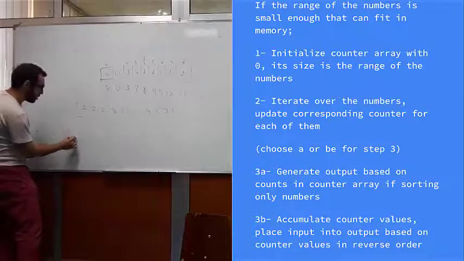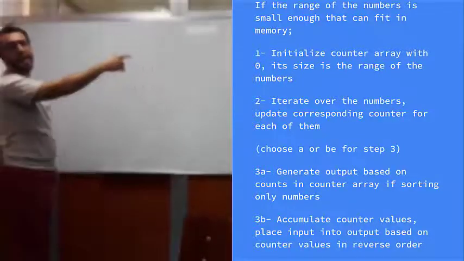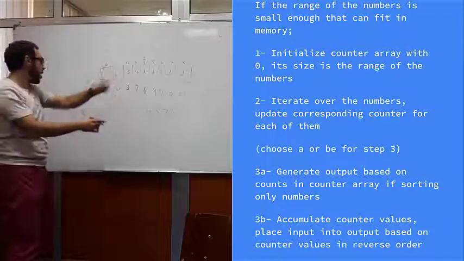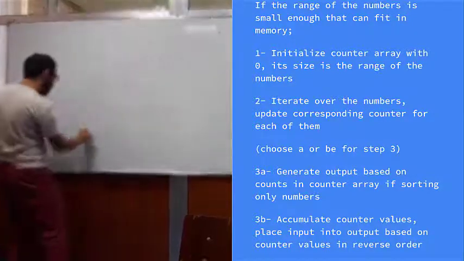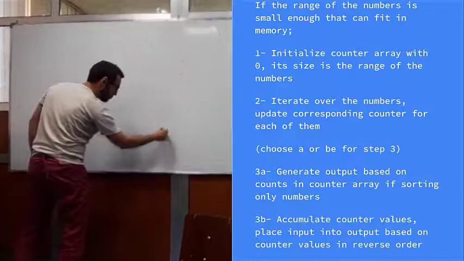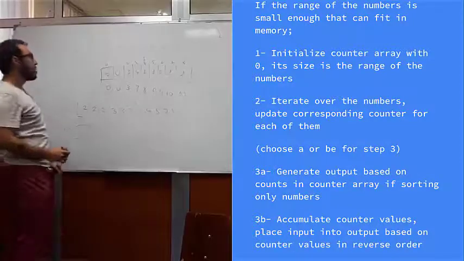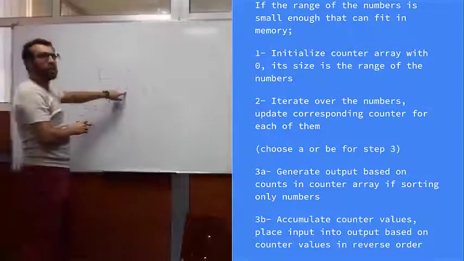Now let's see how we are going to generate output 2. We generated output 1 with 3A, right? We just went over the counts and then generated. So now we are going to look at how we can generate output 2 with 3B. We started from the end, and then we looked at the accumulated array.